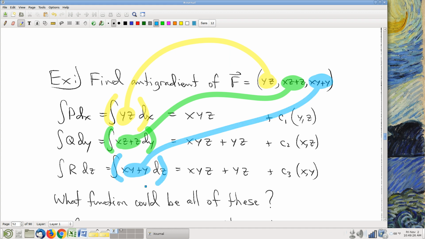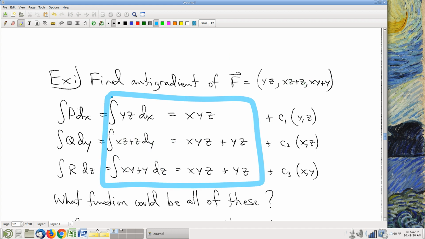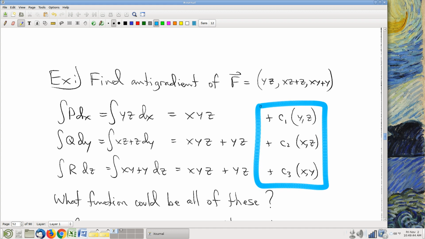Right? And now this is just a little bit of antiderivatives. Those are pretty easy antiderivatives. Just don't forget they're antipartials, right? So you're taking antiderivatives with respect to the appropriate indicated variable there. Don't forget to add in your constant functions, right?